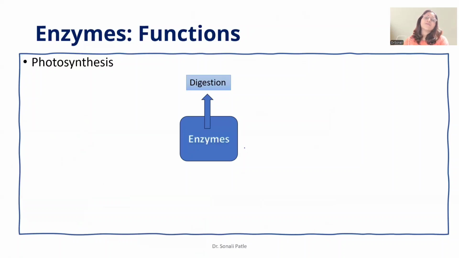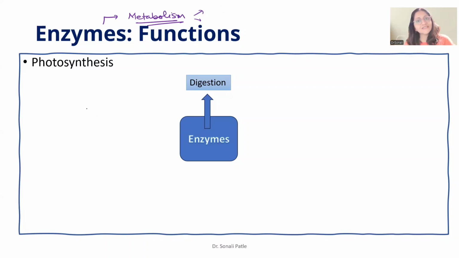Now, what are the various functions of enzymes? Enzymes are so important that a lot of chemical reactions happen inside our body because of them. So first is the major role in metabolism. Metabolism includes a lot of enzymes. Metabolism is nothing but the synthesis of food and converting that food into chemical form, right?